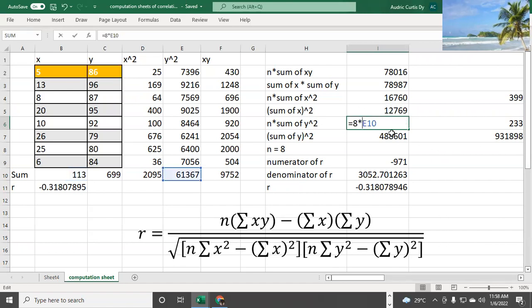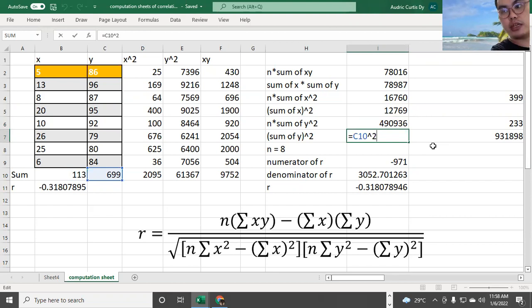Here naman, we multiplied 8 kasi 8 is the number of students, 8 times the summation of y squared. While here naman, the sum of y natin is 699 because we added all the values of y. Then we found the square of it by raising it to the power of 2.